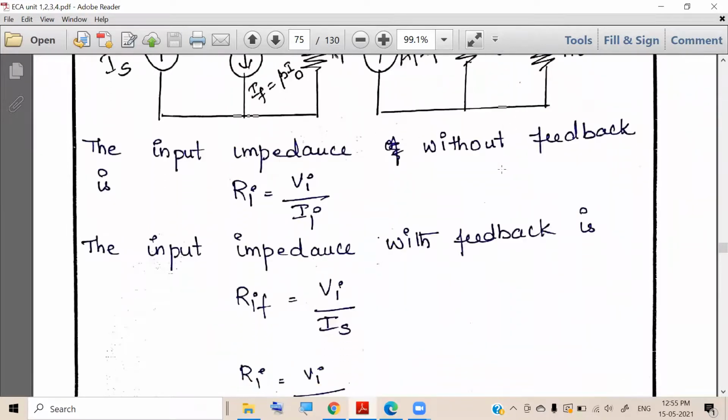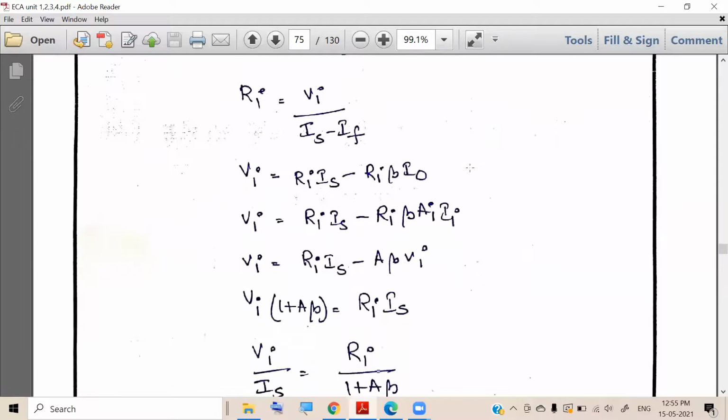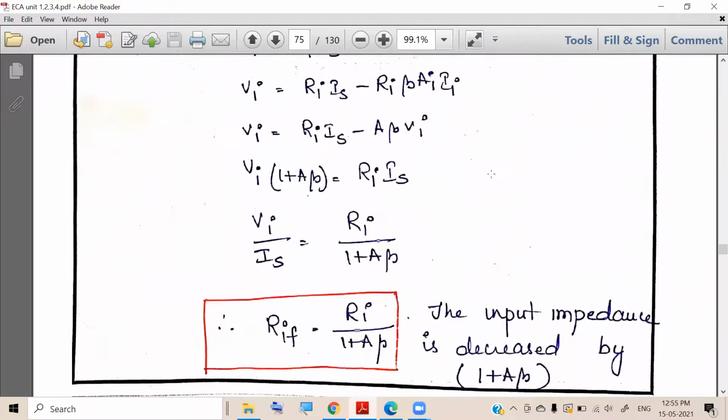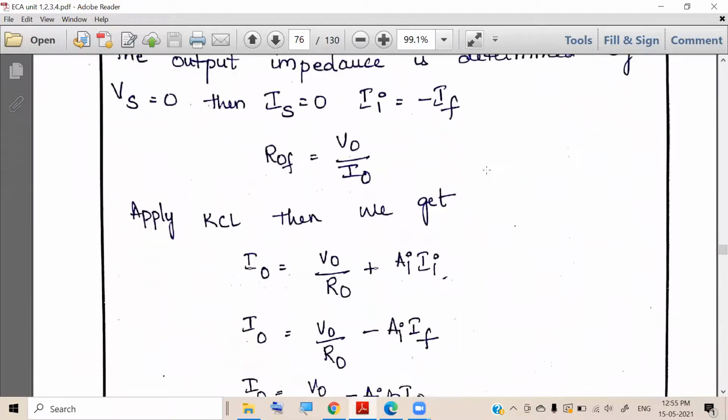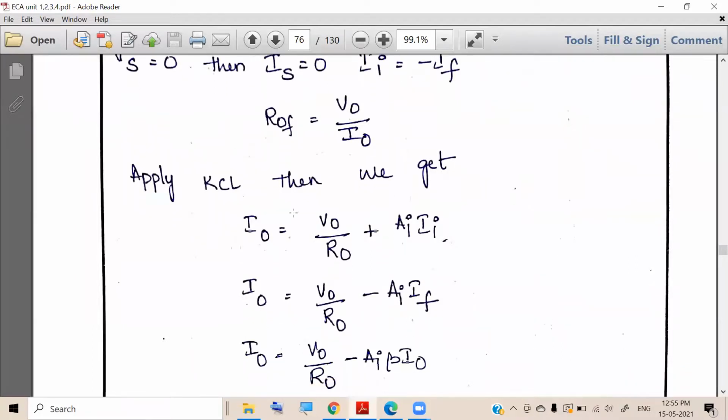Here we are writing the output current I naught in terms of AII and V naught by R naught, similar to what we have seen in the earlier case.